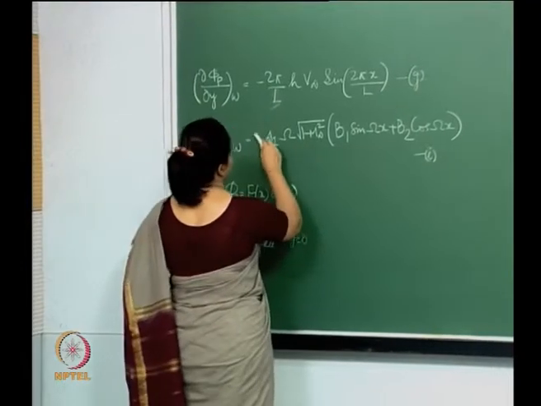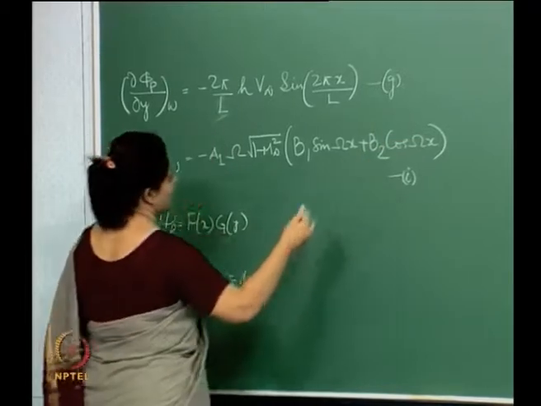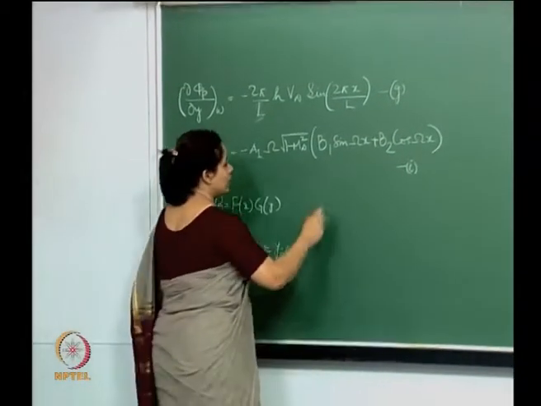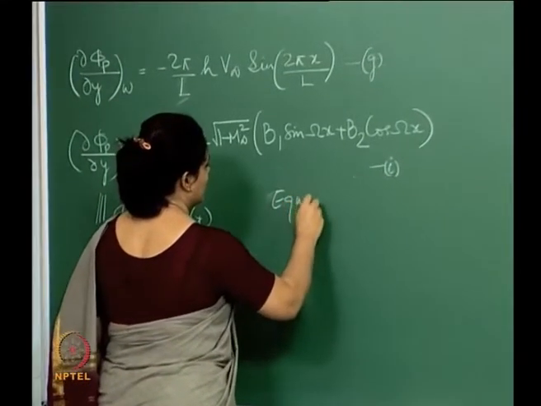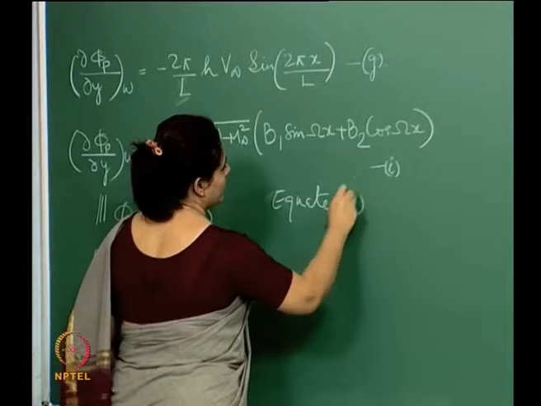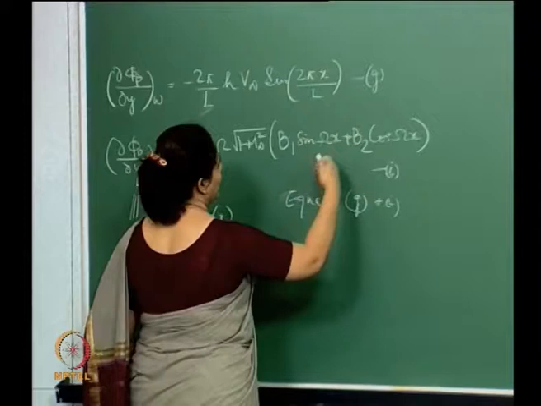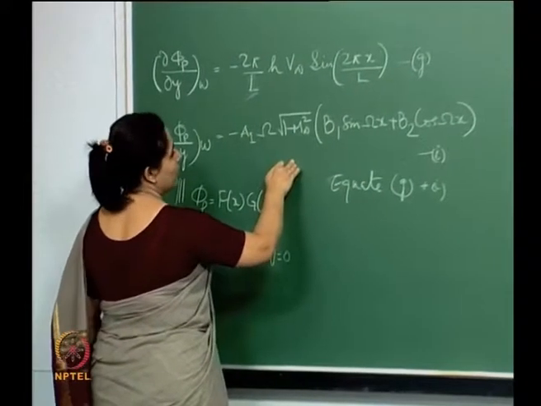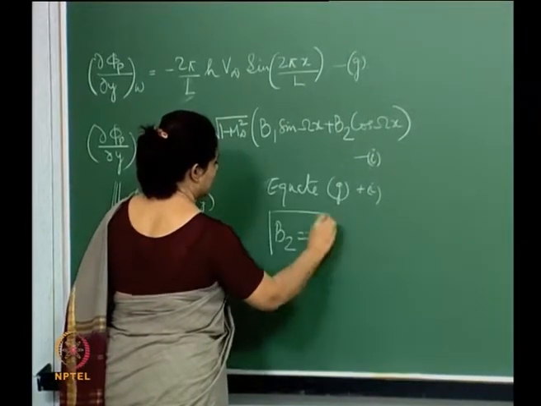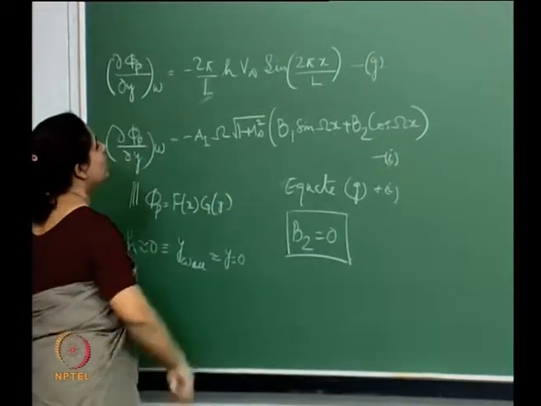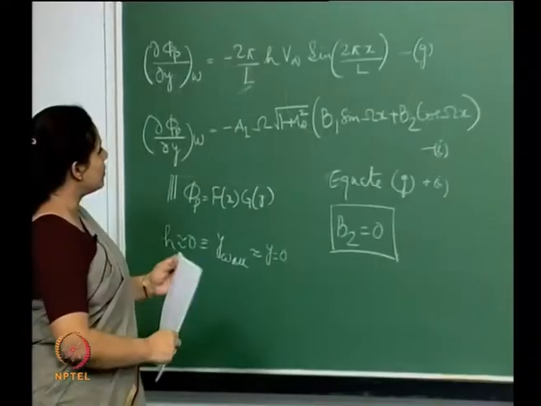You can see we got a sine term here, a sine term here and a cos term here. So if we equate these two, this is going to be possible only if this is true.